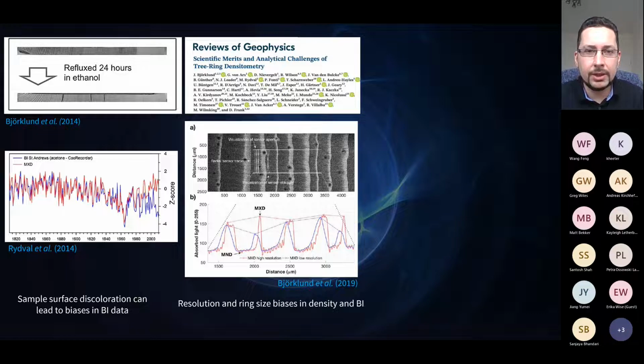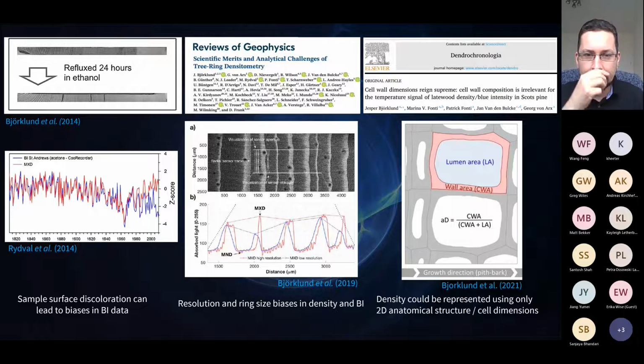Then another issue which we encounter with blue intensity, but which also affects density, is potential biases related to the size of the rings. This is essentially a limitation of the sensors that we're using to represent density.